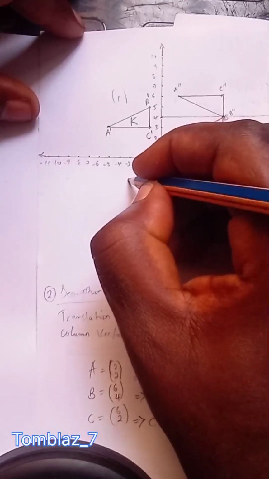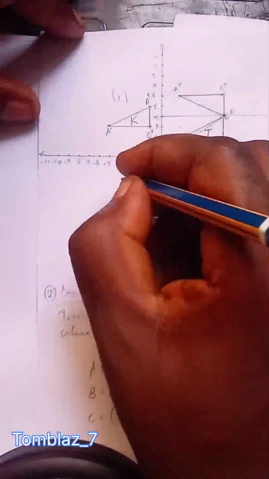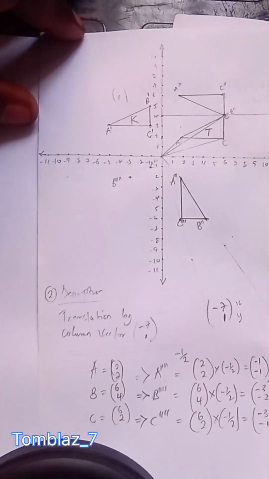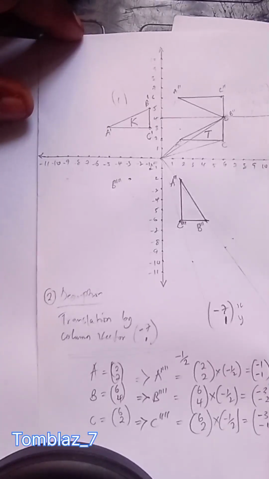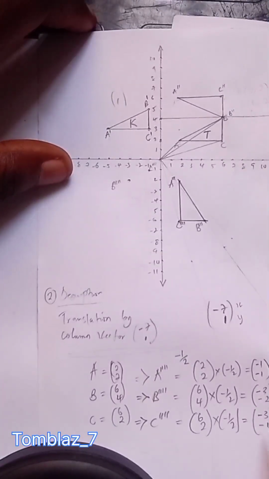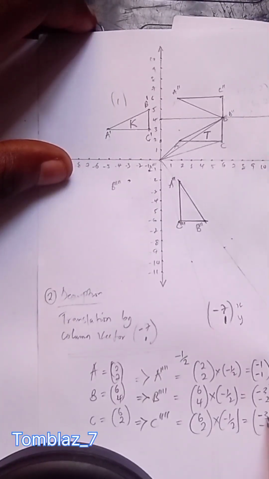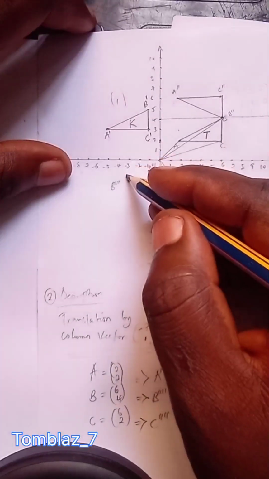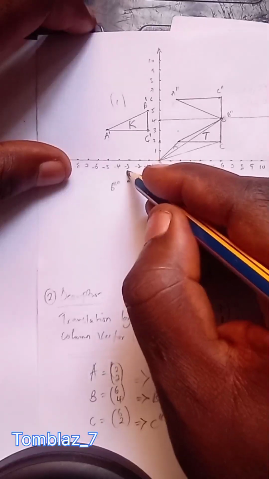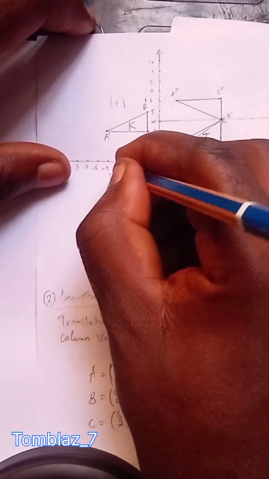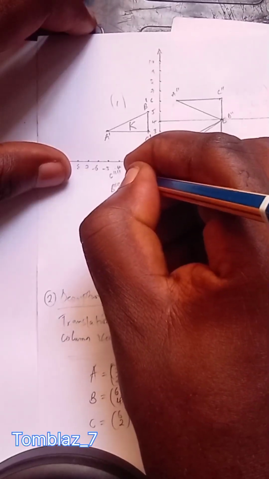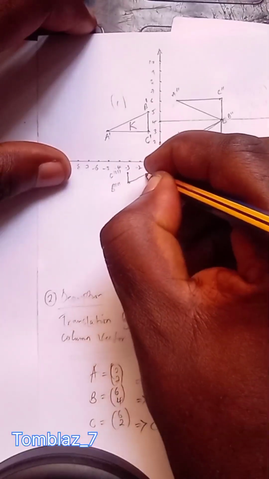So they meet here. And that's B. So we call it B prime prime prime prime. Then for C is -3, -1. So we have -3 and -1. So it's here. So this is C prime prime prime prime. So this is your new triangle.